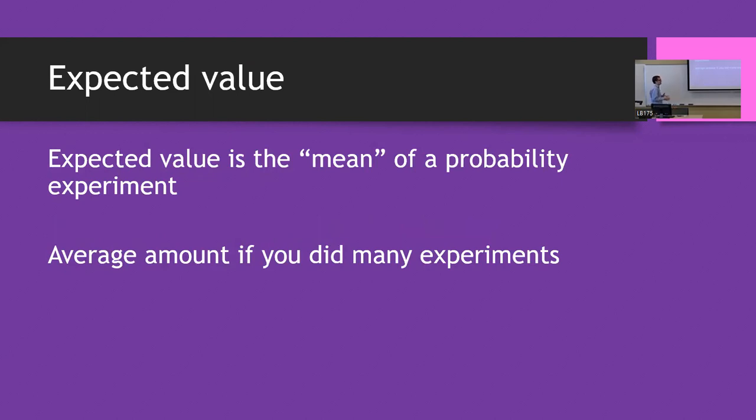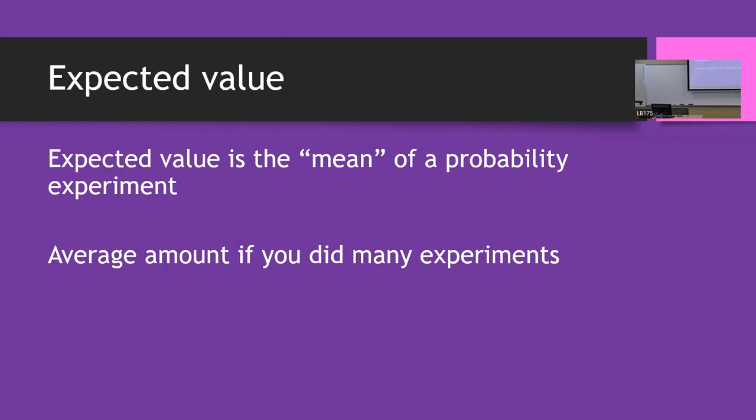So like I said, what they're going to do with this life insurance is balance the probability of you dying with how much money they're going to have to pay out. And the official statistical term for that is finding the expected value.